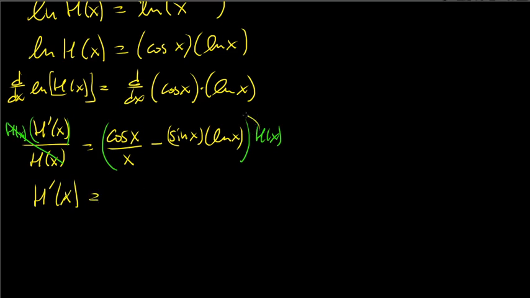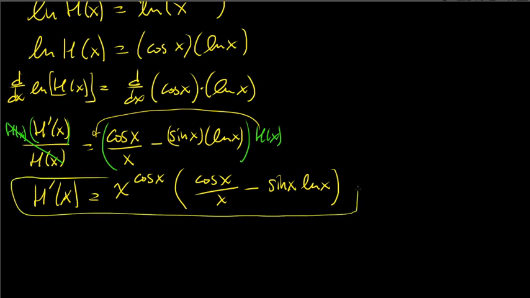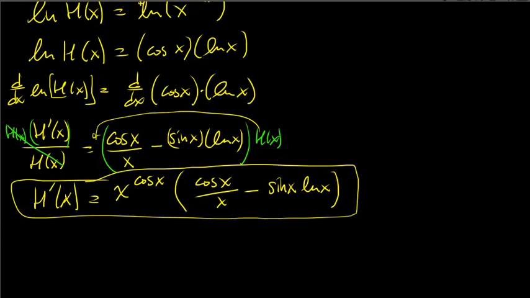And can I move this in front? I think that's how it looks in the answer key. x to the power cosine of x times cosine of x over x minus sine x times log x. And that's good enough. Yeah, don't try to simplify that. It's not worth it.